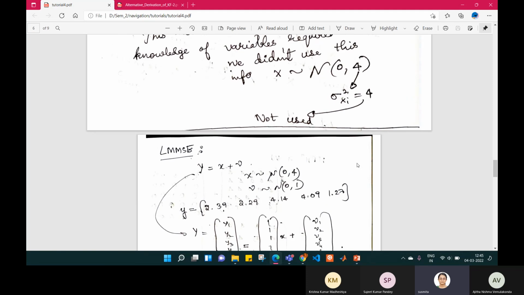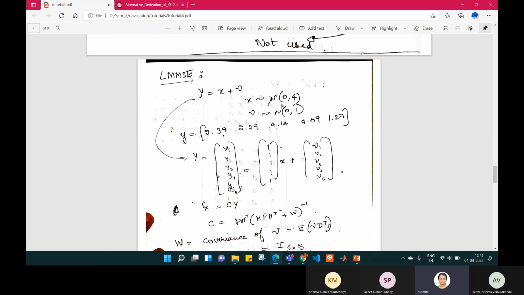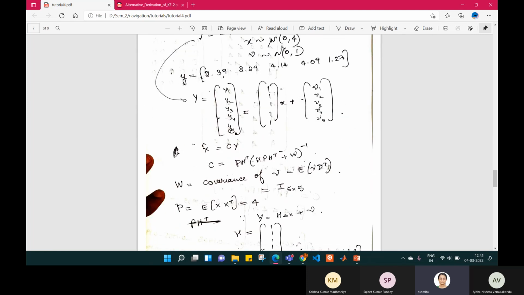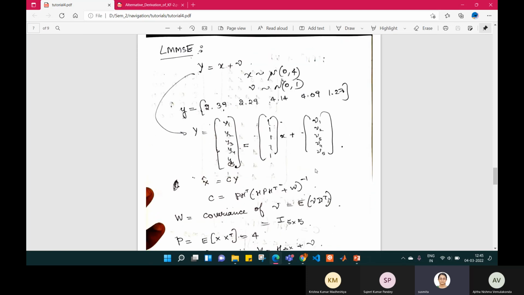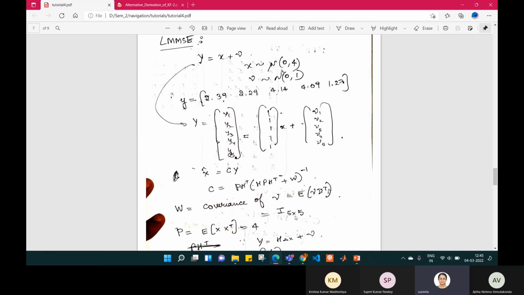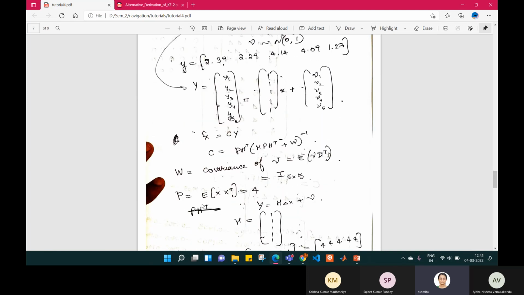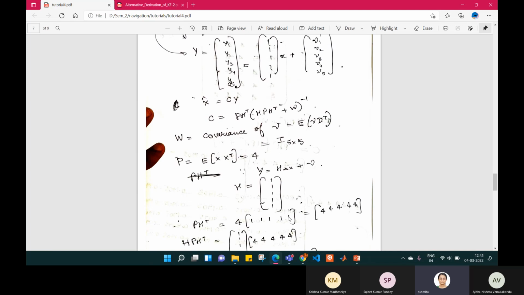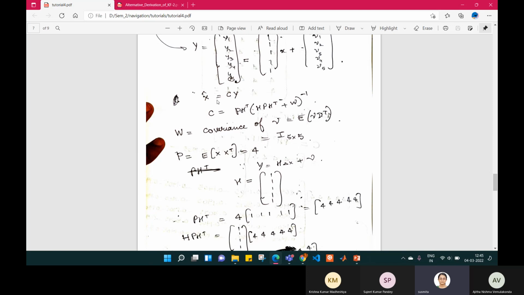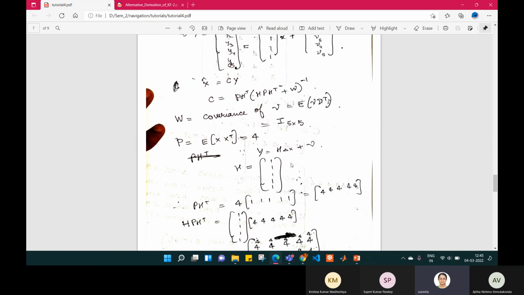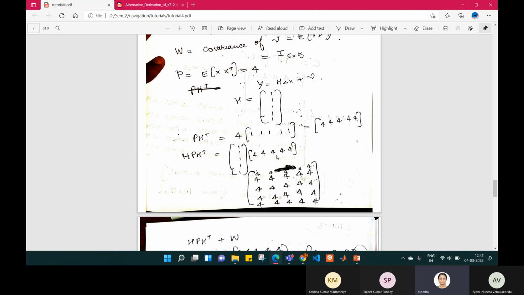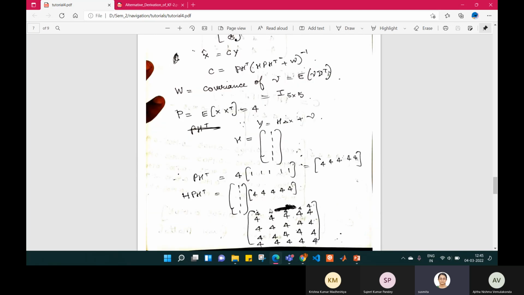Then using the third method, I again found the matrices. Tell me the matrices here. You have ones, and the identity matrix for the covariance. Since the estimate is Cy, you need to find C, which is H P H transpose plus W, then the inverse.